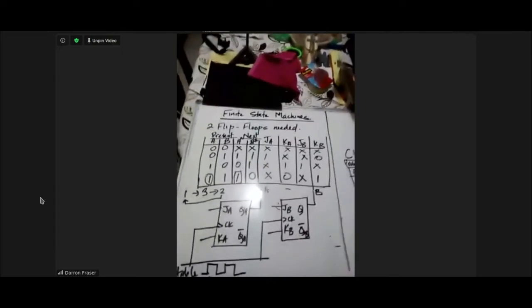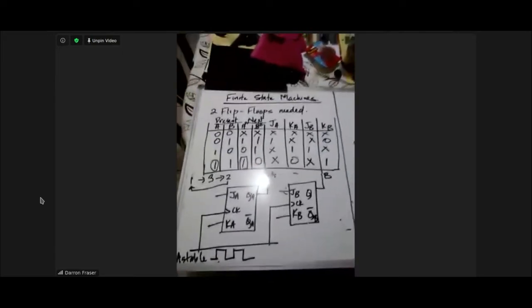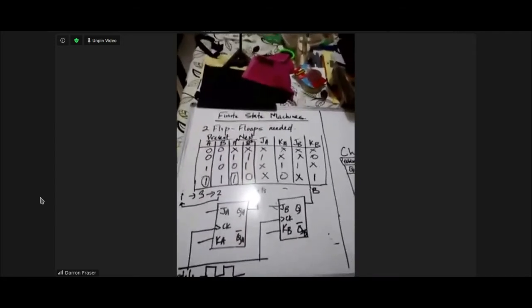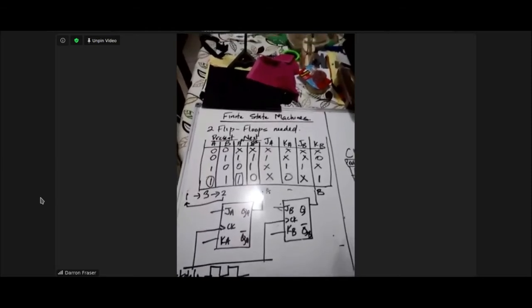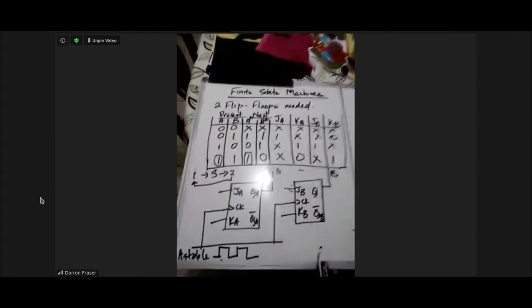So we want to be able to discuss how we use this very same thing. To do it, we have to define our states, and then we're going to make up an excitation table just like this. Somebody write off the table already?